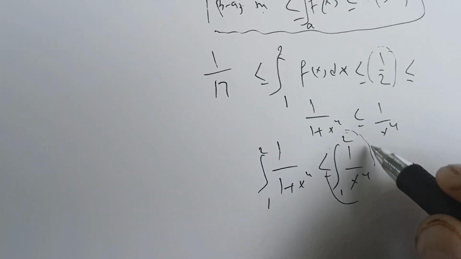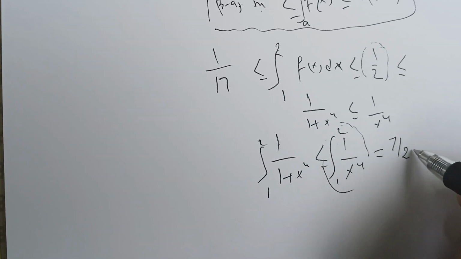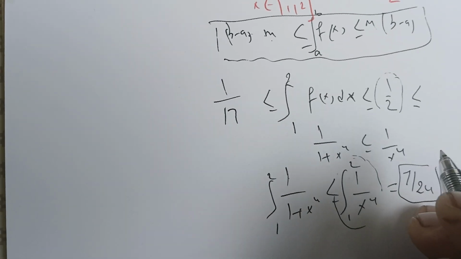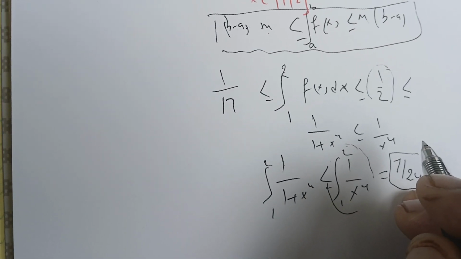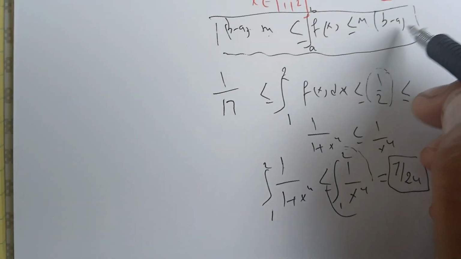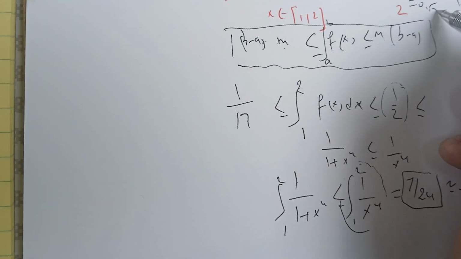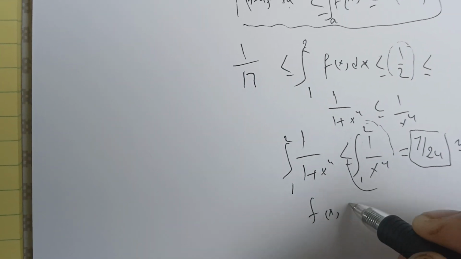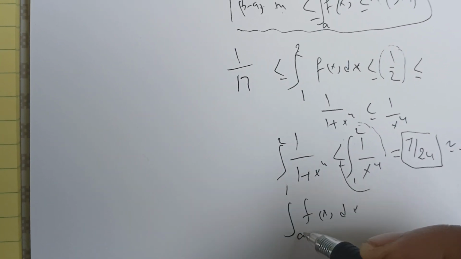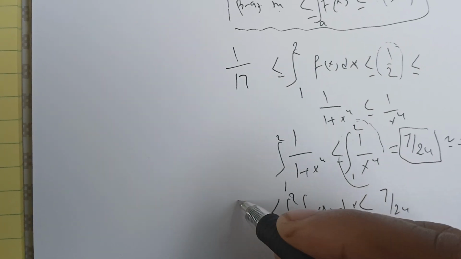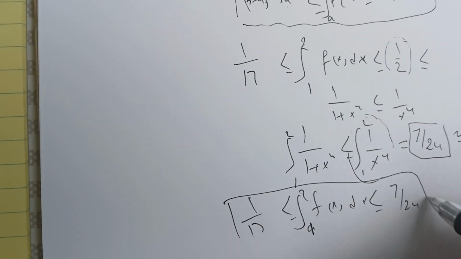If you evaluate this integral, you will get 7 over 24. This is a better approximation, because this is about 0.3 and this one is 0.5, and therefore our integral of f of x between 1 and 2 is between 1 over 17 and 7 over 24.